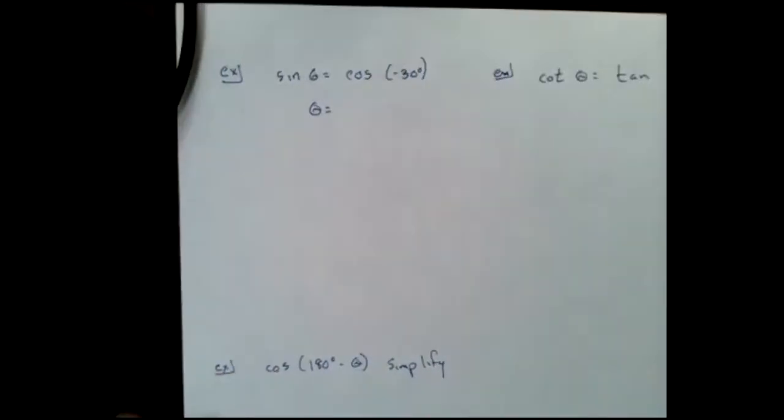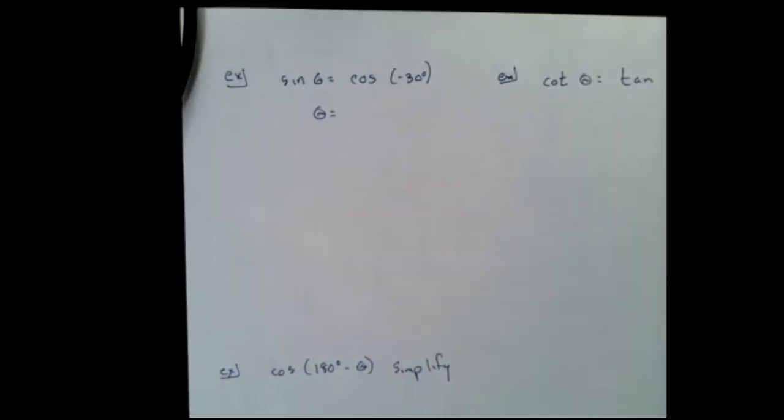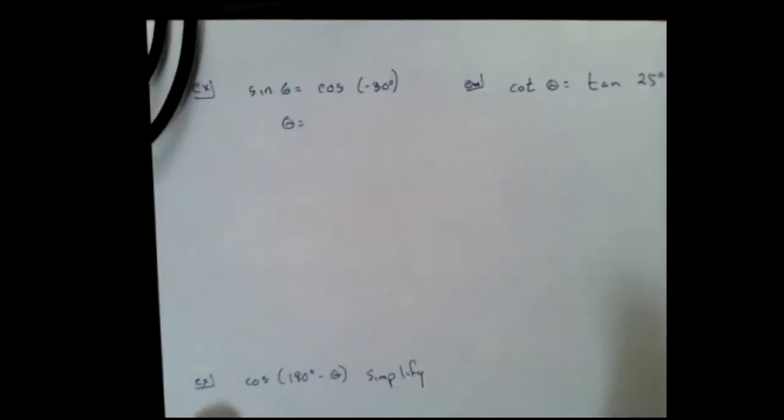Questions? The sine of theta equals the cosine of negative 30. What's theta? Quick hitter. Bam. I don't know.